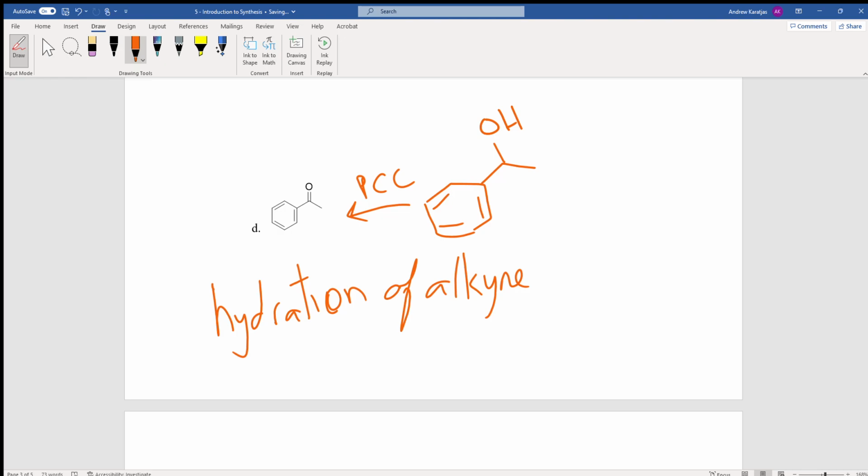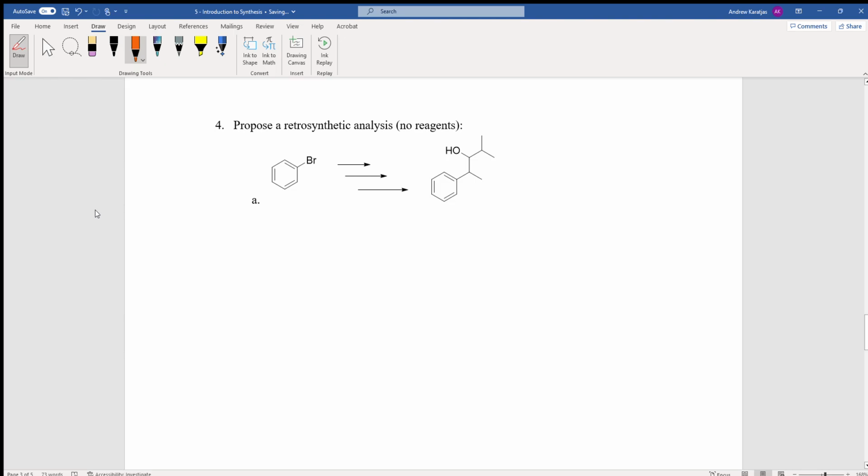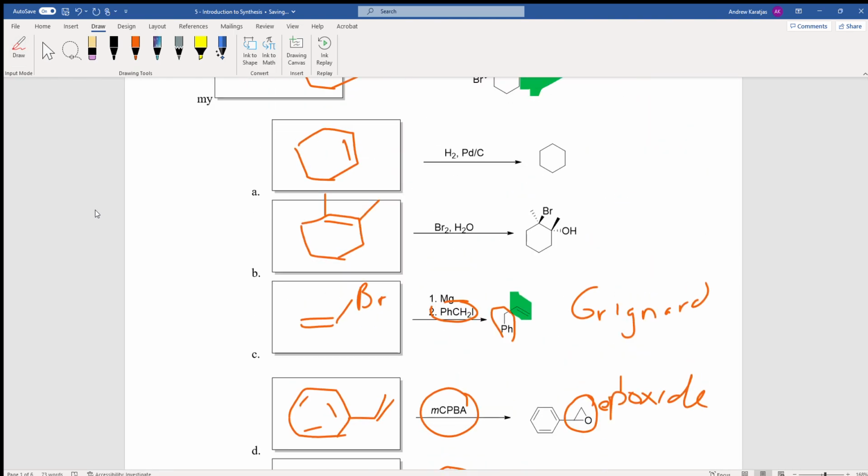All right, so our final part of this exercise is we now have three full synthesis problems. So we're going to take all of this together and start thinking about some actual synthesis problems.